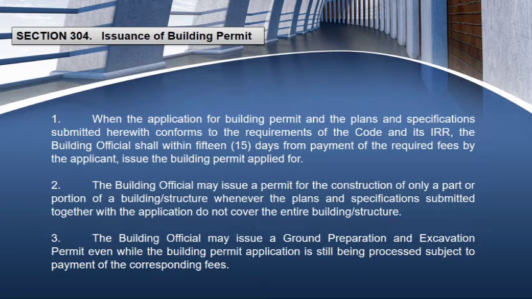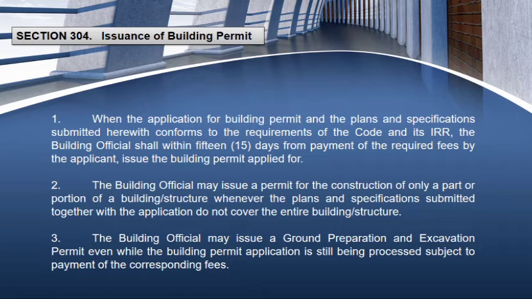So, if the applicant successfully complies with the requirements of the code as well as the pertinent laws like the fire code or the BP 344, then the building official will issue and will release the building permit after 15 days, and the applicant will obtain the building permit for the construction of the project.